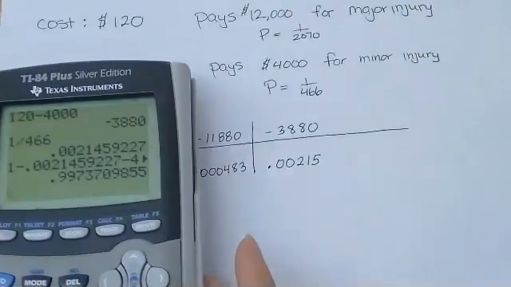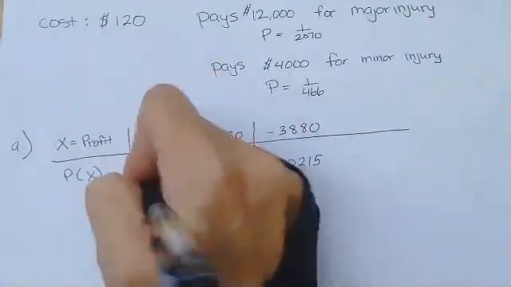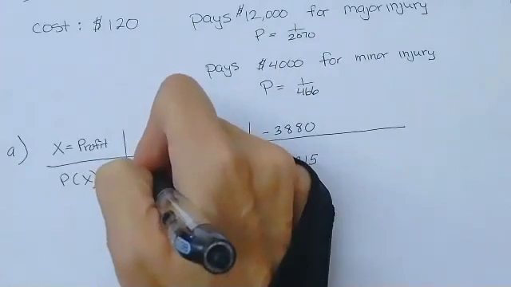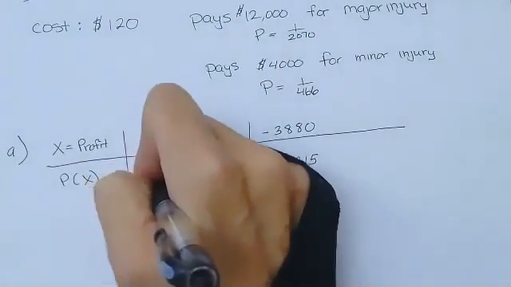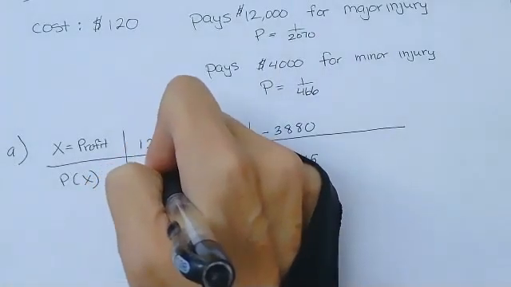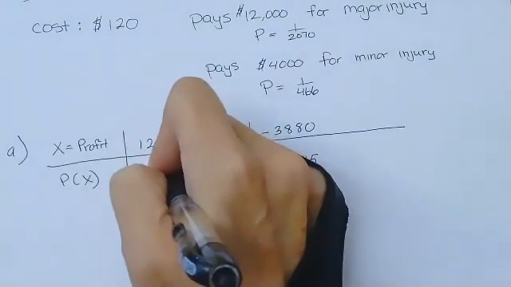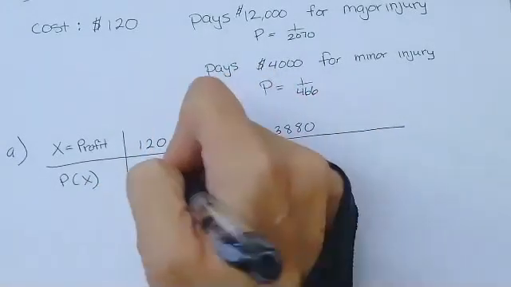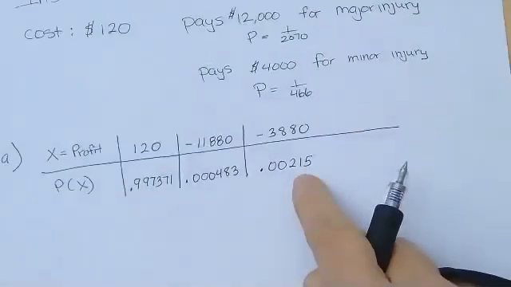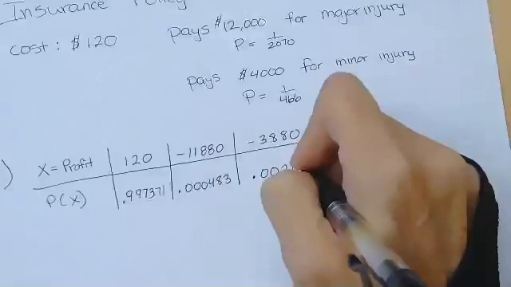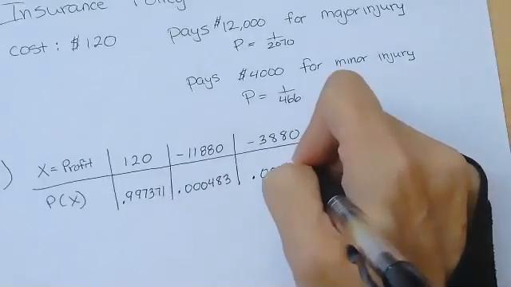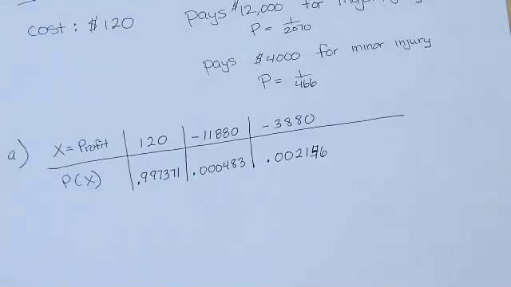And I end up with 0.997, well, I'll do 6 decimal places like it said. 0.997371. Oops, I only did 5 decimal places here. So this should be 4.6 if I read the instructions. Okay, so that's part A.